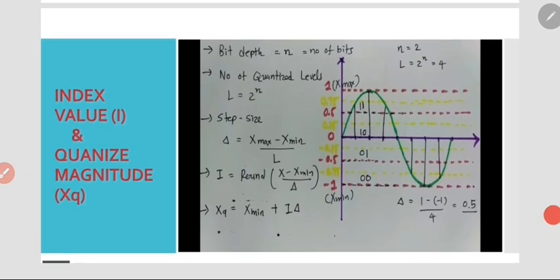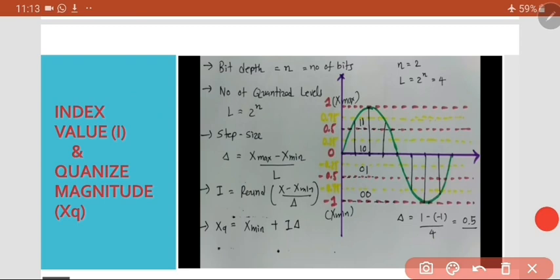We have to repeat those steps for each and every sample to find the index values.